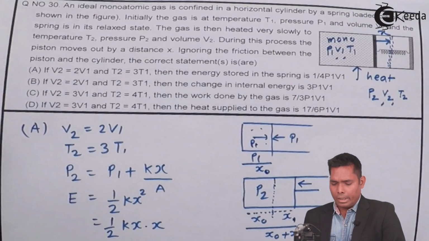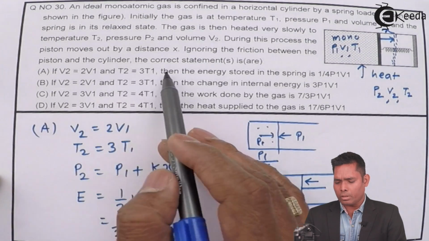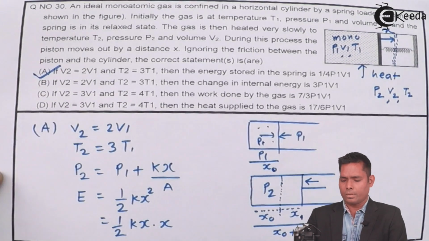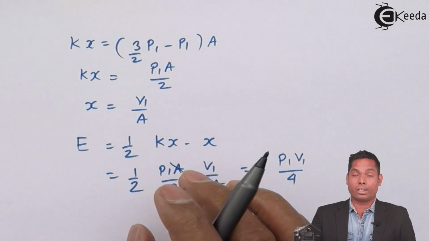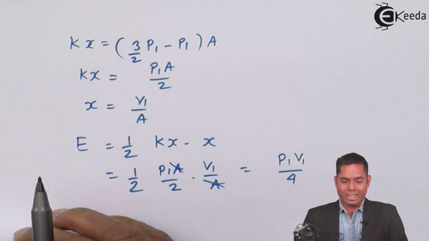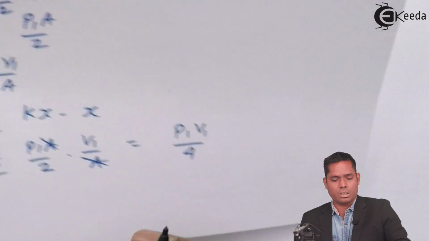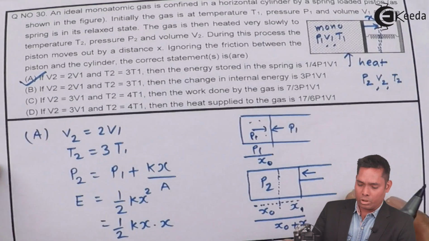So if I see this option, V2 is 2V1, T2 is T1, then energy stored is P1 V1 by 4, which is correct, because we are also getting P1 V1 by 4. So this is correct. Now let us move to option B, because it is a multiple correct type question.